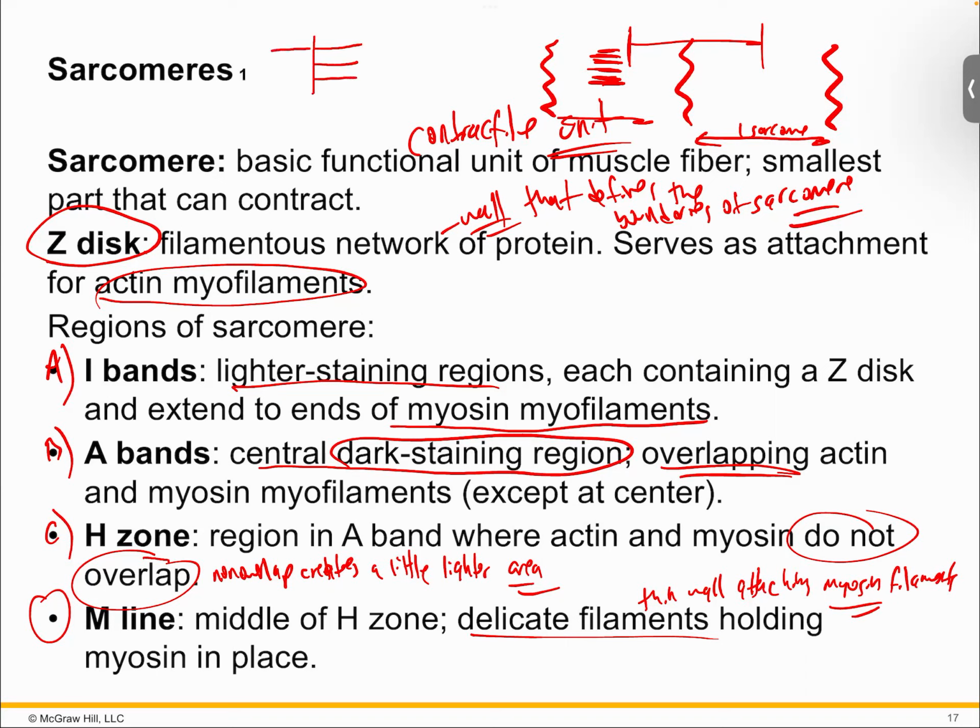Then you're going to have a zone of overlap between your actin and a zone of no overlap. But the actin itself is going to be attached to the Z line, like that.